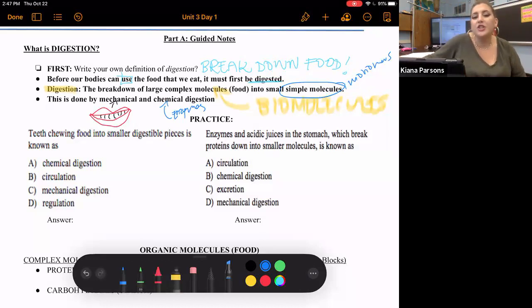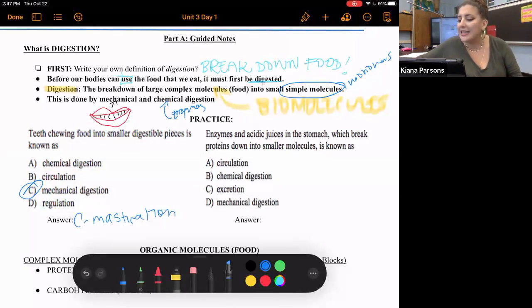So teeth chewing food into smaller digestible pieces is known as mechanical digestion or mastication. Enzymes and acidic juices in the stomach, which break down proteins into smaller molecules, is known as chemical digestion.